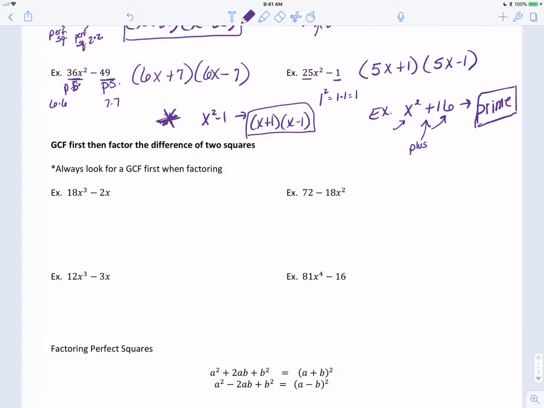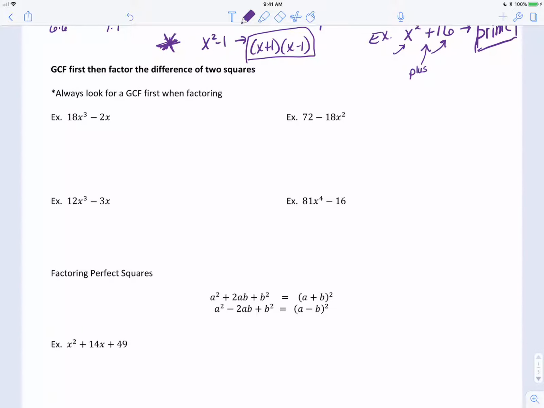Okay. First and foremost, especially in these, we always look for that GCF first. Anytime I'm given two terms, I'm automatically going to start thinking, are they the difference of two squares? Well, 18 is not a perfect square, nor is 2 a perfect square, but they do have a GCF. They've got some things in common.